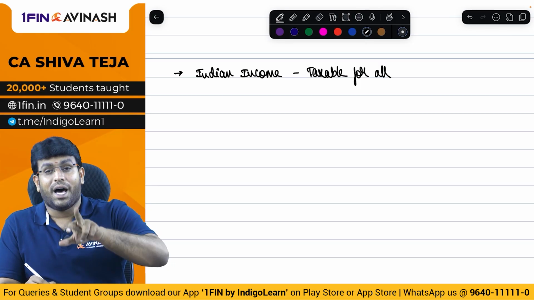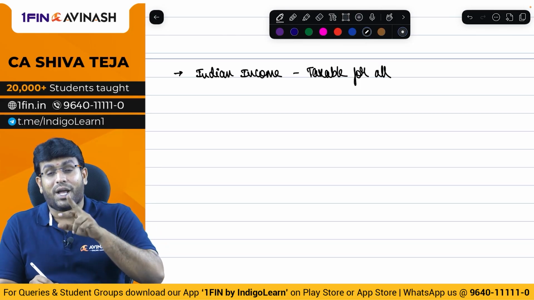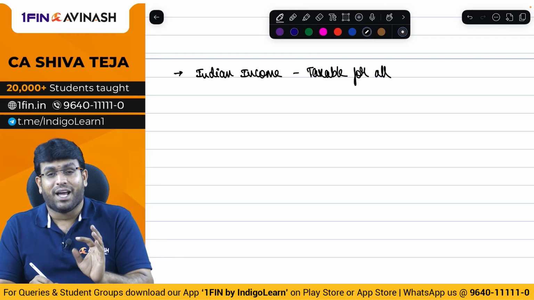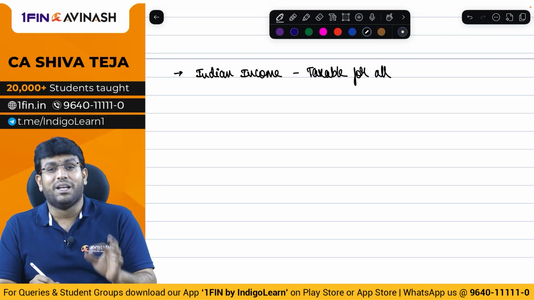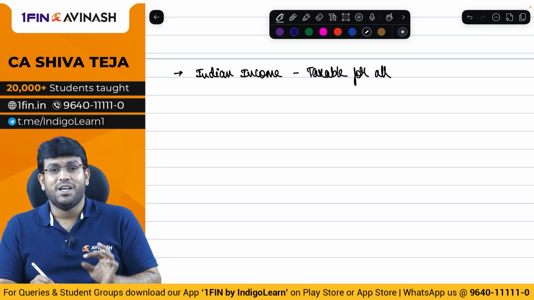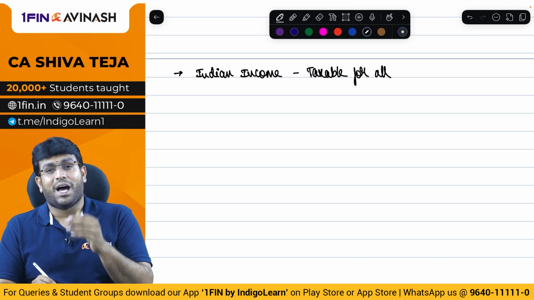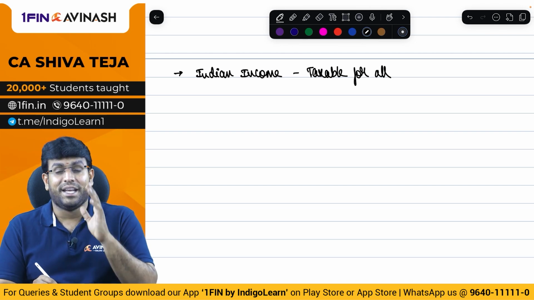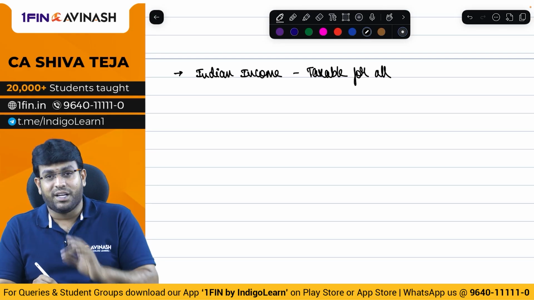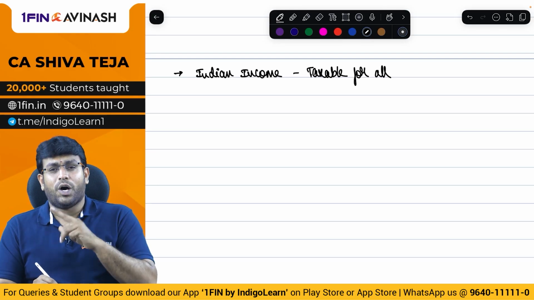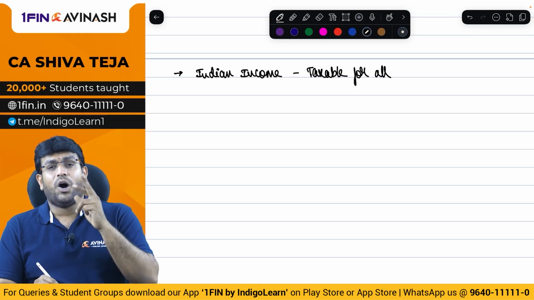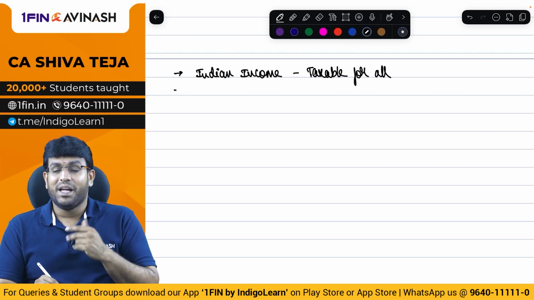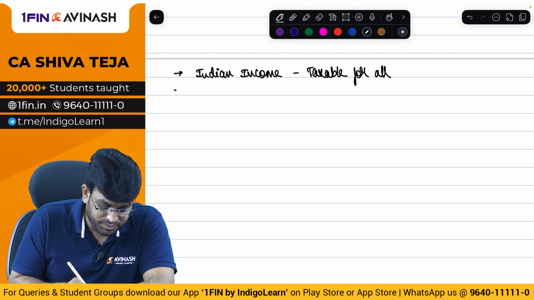Whether you are RNOR, or ROR, or NR, still it will be taxable if income is an Indian income. And when do we treat income as Indian income? Income is accrued or received or deemed to be received or deemed to accrue or arise in India. We treat it as Indian income. Indian income is taxable for all.